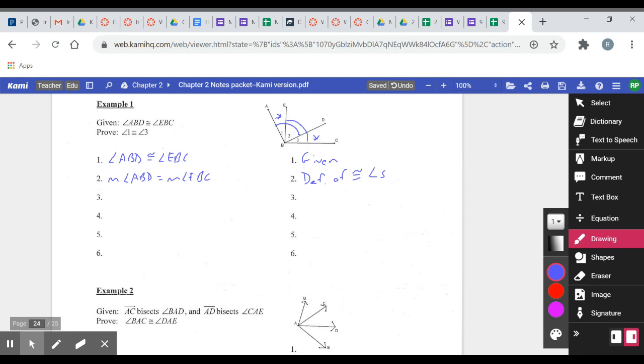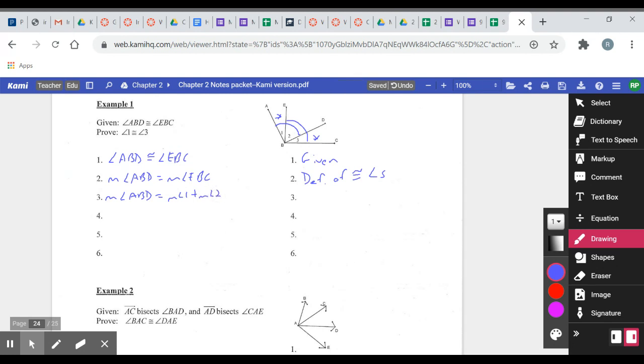All right, now that I have an equal sign, I can bring an equation into the problem. If I look at this picture and think about what true equation I can say, I see two little angles that make up the bigger angle. So I can say the measure of angle ABD is equal to the measure of angle 1 plus the measure of angle 2.